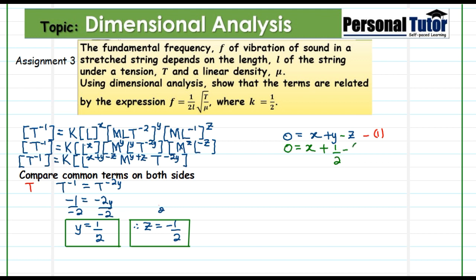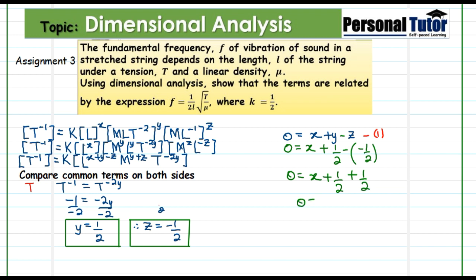So minus of the z is also carrying a negative. Kindly take a little caution here. It is negative z, but the z is negative half. So that will make two negatives meeting. So 0 equals s plus half. This negative and that negative will form positive half.